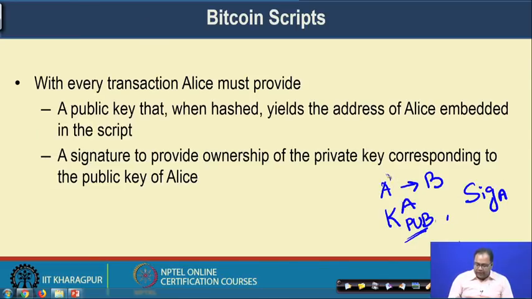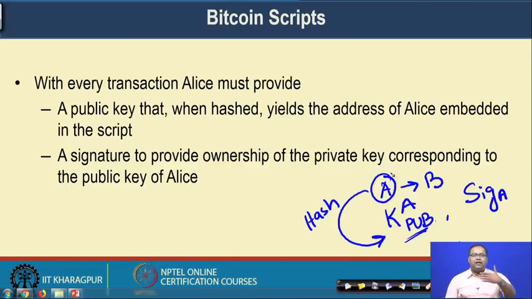Now, as you know, this particular address was generated from this public key by applying some hash function. So, you can apply the same hash function over this public key and see whether you are getting back this address or not. If you are getting back this address, that means this was the original sender who had sent the transaction to you, and by doing this validation you are making sure that the transaction is authenticated and no one else in the future will be able to claim the transaction, and at the same time Alice later will not be able to deny this particular transaction.